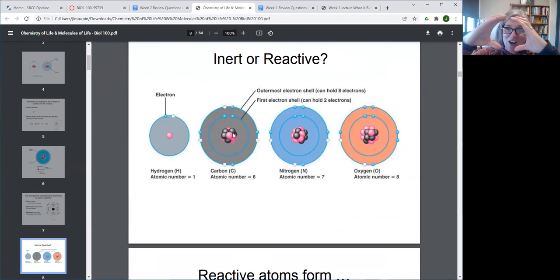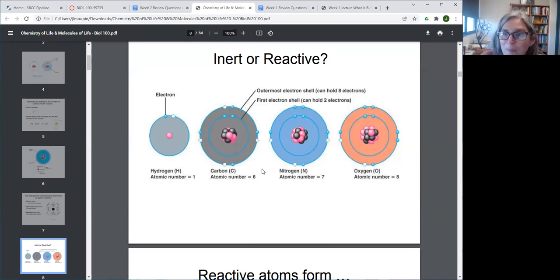If the outermost shell is not full, then the atom is going to be reactive. It's going to try to form bonds with other atoms. So carbon, since it has 6 electrons, it's got these 2 here, and then out to the next level out here, it only has 1, 2, 3, 4.